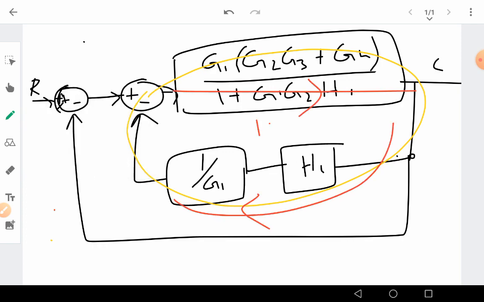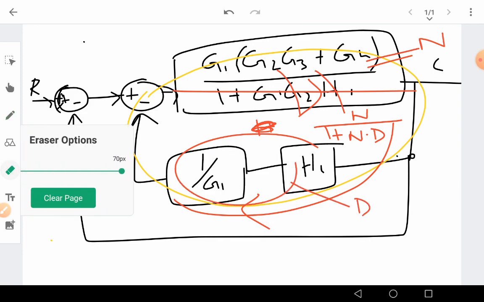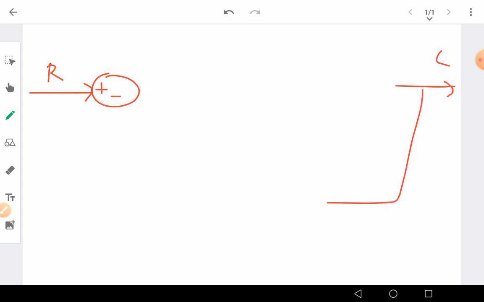So 1 plus numerator into denominator. So this is the numerator, this is the denominator. Again I'm simplifying, what will I get? This is the input r which we already have, this is plus and this is minus, this feedback is coming from the output which we have not touched.